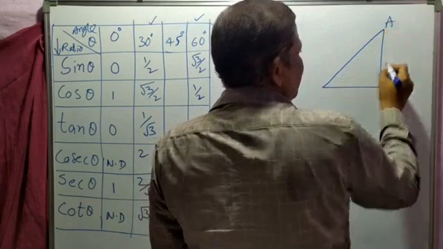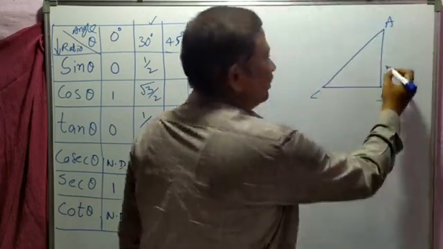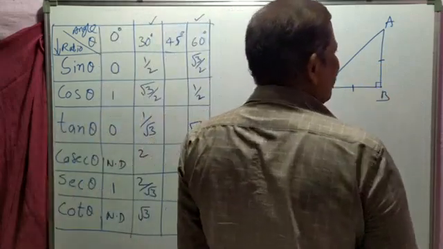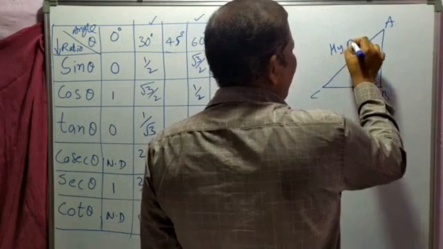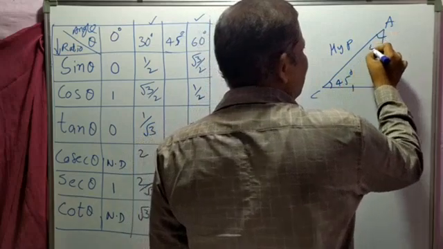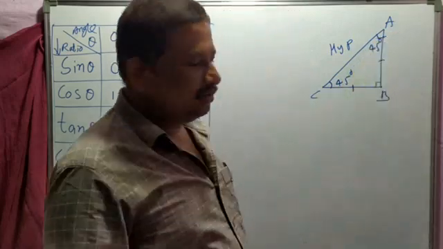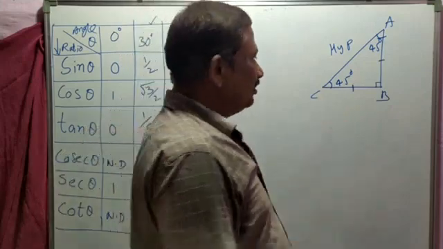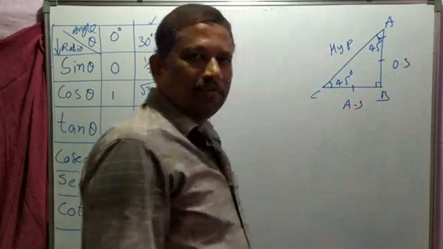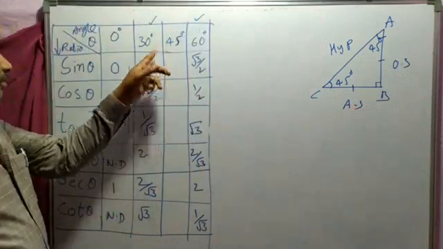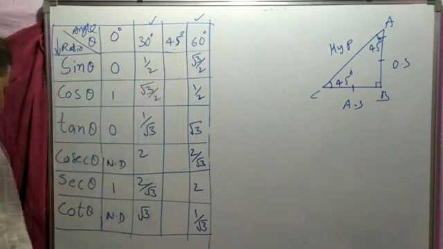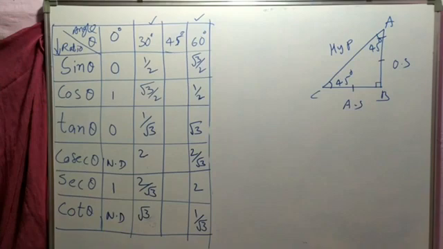Observe here, it is triangle ABC, right angle at B, and these two sides are equal. This is the hypotenuse. If you consider this angle is 45 degrees, or this one also 45 degrees, you can consider any angle. If you consider C, opposite to C is this one, adjacent to C is this one. Okay, now we are going to find the values of all trigonometric ratios for 45 degrees.